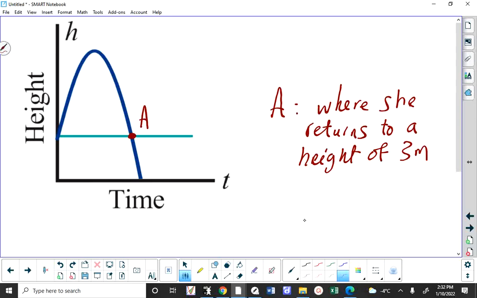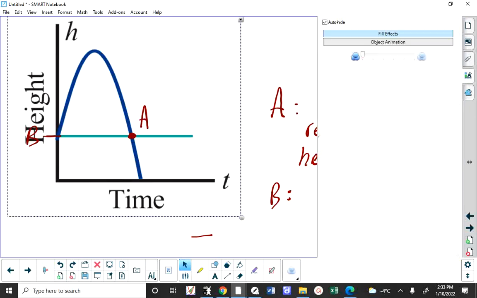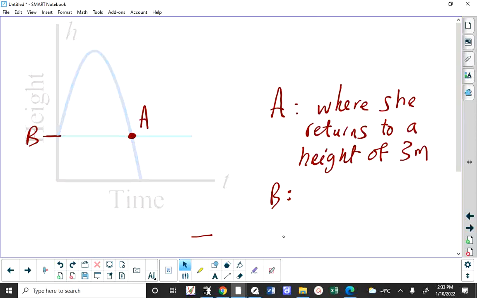There's another important point here, which I'm going to label as B, which is the y-intercept of the graph. So what does B represent? Let me make that a little bit more visible. What does point B represent? Somebody over here. Don't let Seamus take all the glory here.